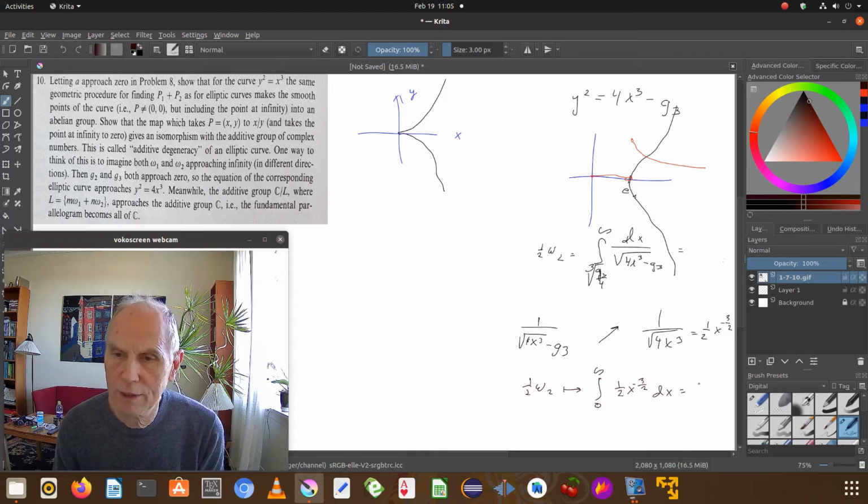If we take the derivative of this, we get minus 1/2 x to the minus 3/2, and then put in the limits, 0 to infinity. At infinity it gives 0, at 0 it gives infinite, so it's infinite.